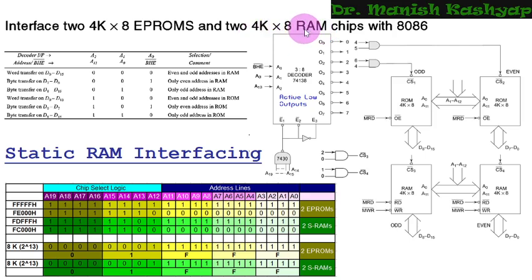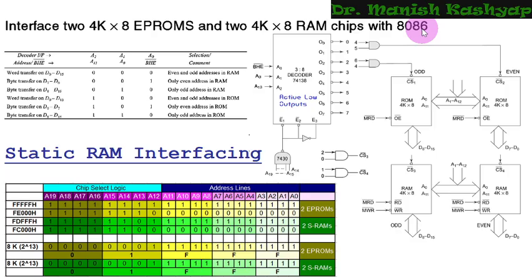One will be for even bank and one will be for odd bank, and we want to interface it with 8086. Now this usually happens in 8086. You buy RAM in pair or you buy ROM in pair because you need to have an odd bank and an even bank, right? So that's what you usually do here. And in 8085, you can only buy a single chip and interface it to the microprocessor, right?